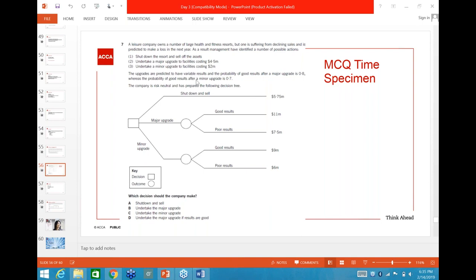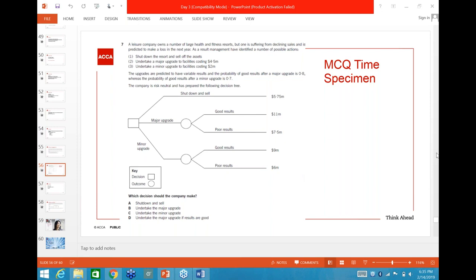The upgrades are predicted to have variable results, and the probability of good results after a major upgrade is 0.8, whereas the probability of good results after a minor upgrade is 0.7. The company is risk neutral and has prepared the following decision tree. So they give you the details over there. Which decision should you take?